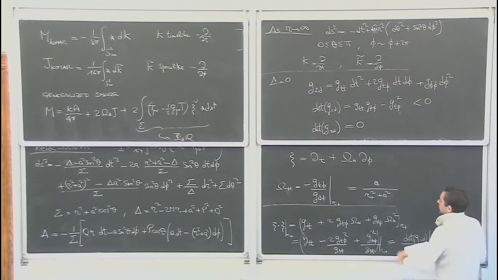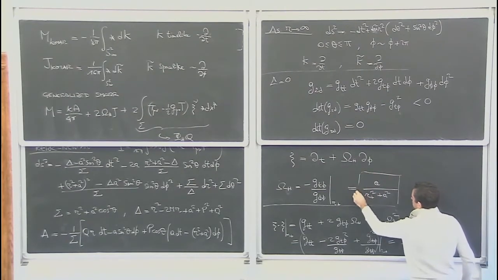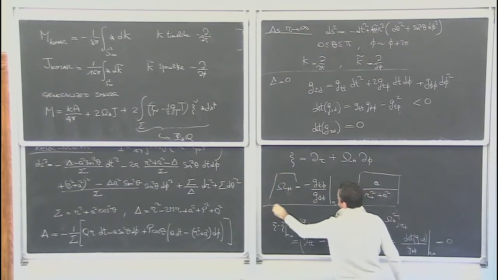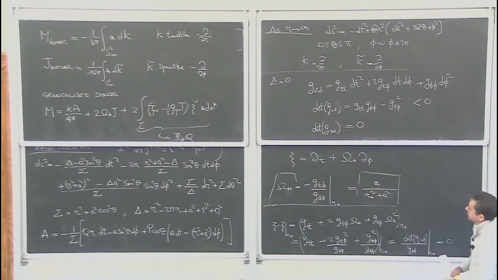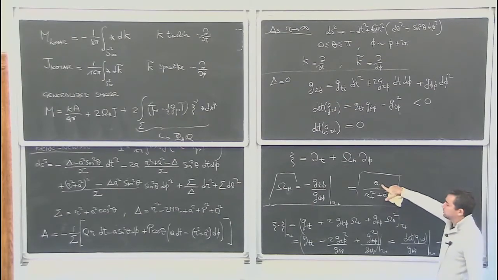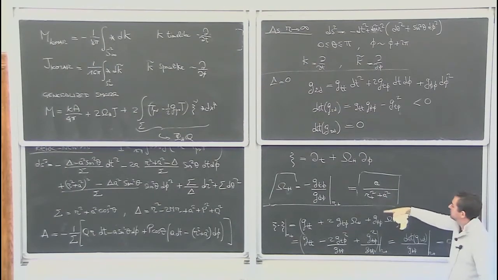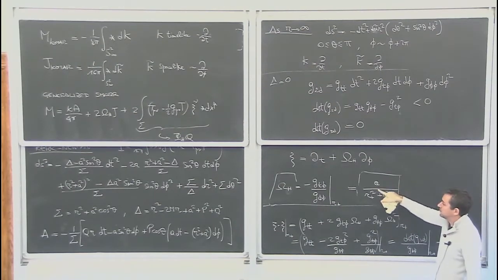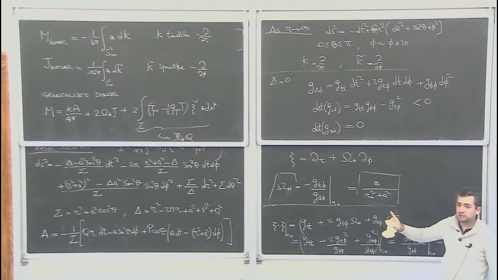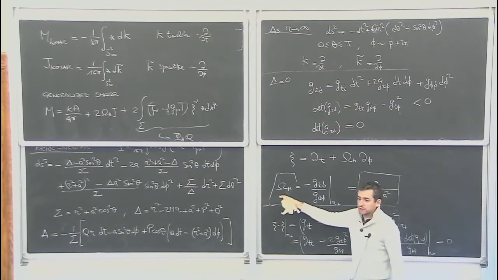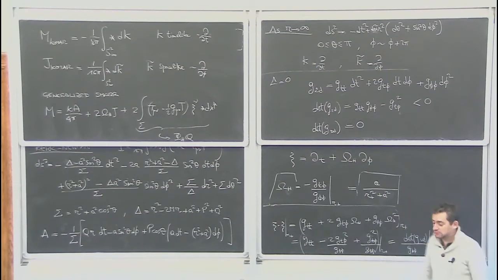So let's try to remember this expression, or I'll write it again. This is the angular velocity of the Kerr-Newman black hole. This is the angular velocity of the horizon. It's controlled by a, which is meaningful because we said before that when I switch off a, I switch off the rotation, the angular momentum, and correspondingly I switch off the angular velocity.